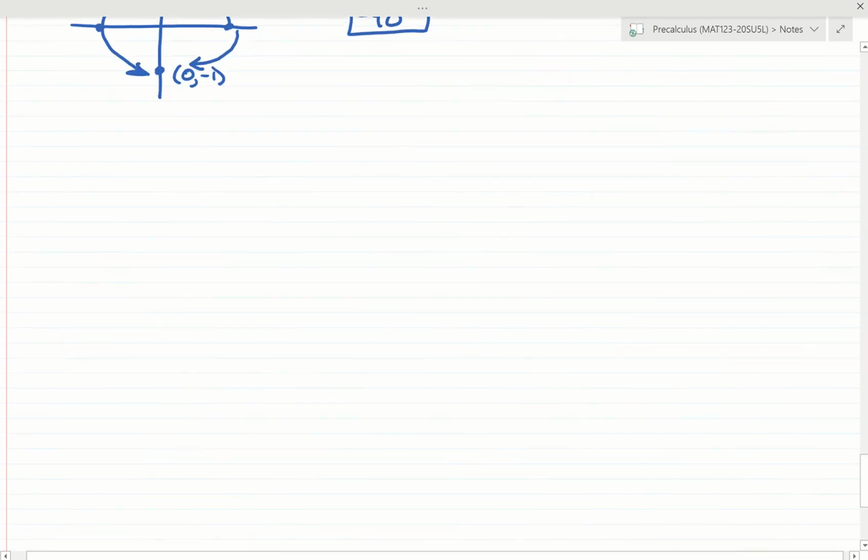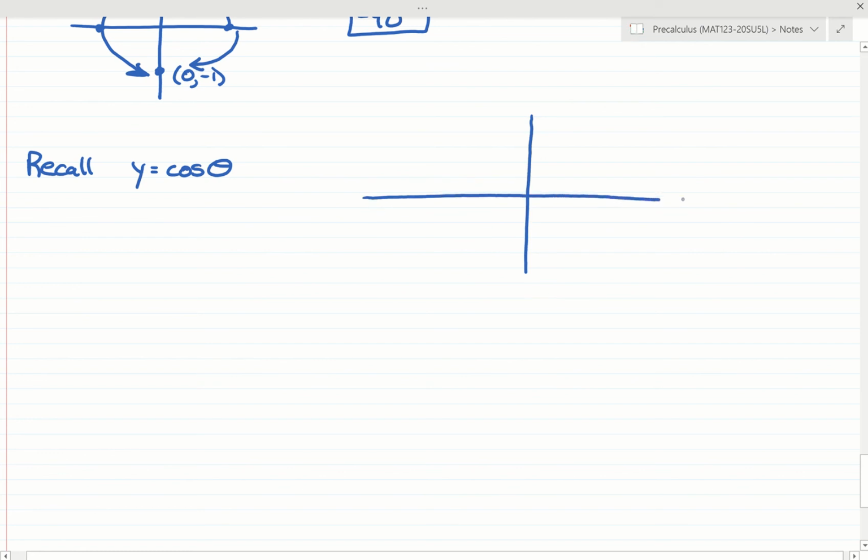Let's talk about cosine now. So recall the graph of y is equal to the cosine of theta. I'll graph this from -360 to +360. And cosine is an even function, so it will look something like this.